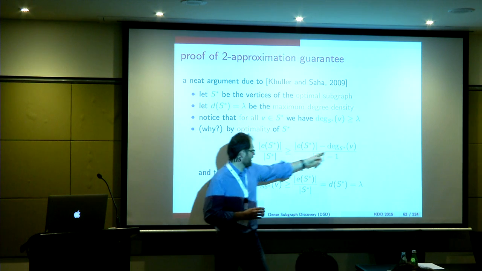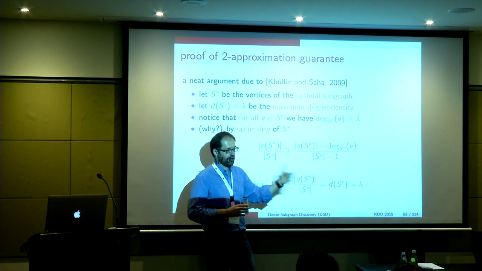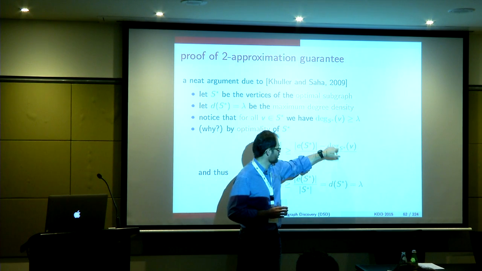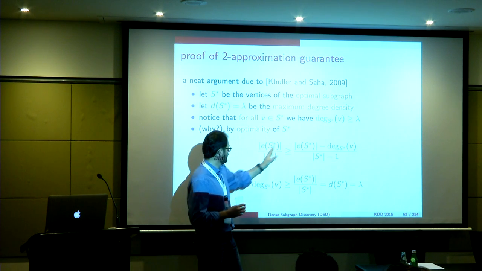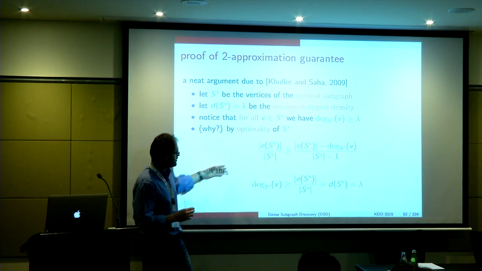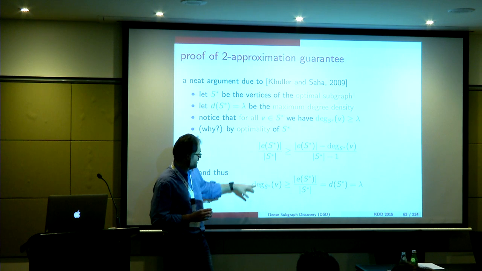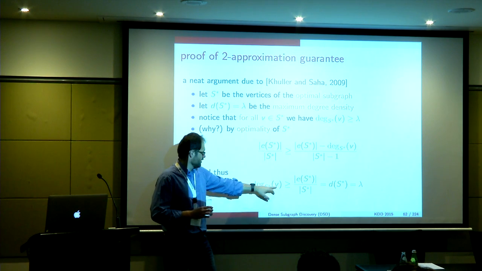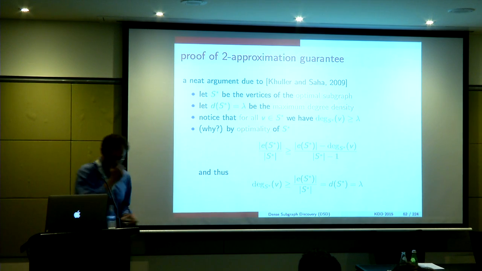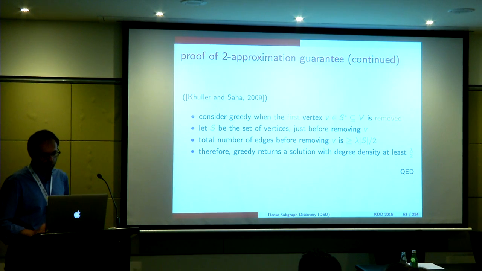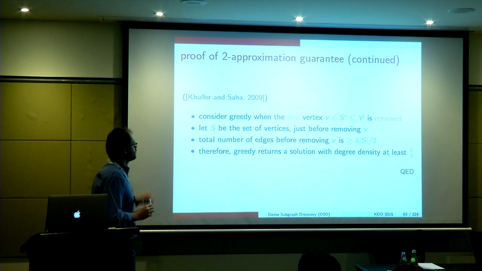So if I remove any v, this would be the density of the new graph S star minus v, because I remove so many edges, and I remove one vertex. So if I just rewrite this, I know that the degree of v inside S star is at least lambda. Okay? And once I know that, then the argument continues as follows.